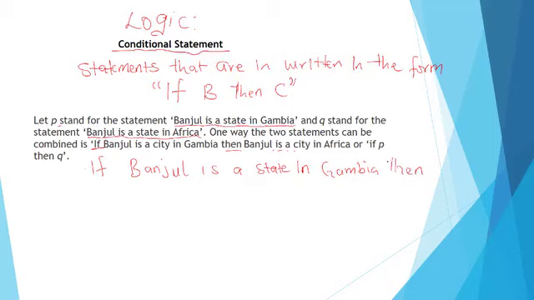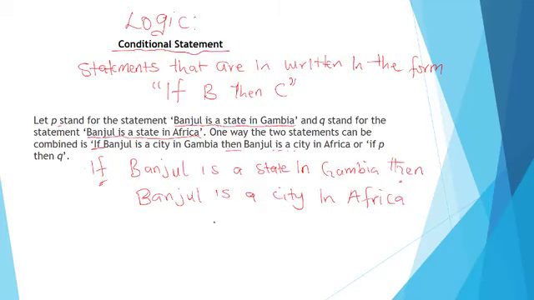You see the two commanding words that made it a conditional statement, if and then. This is how to write a conditional statement. There should be if and we have then.